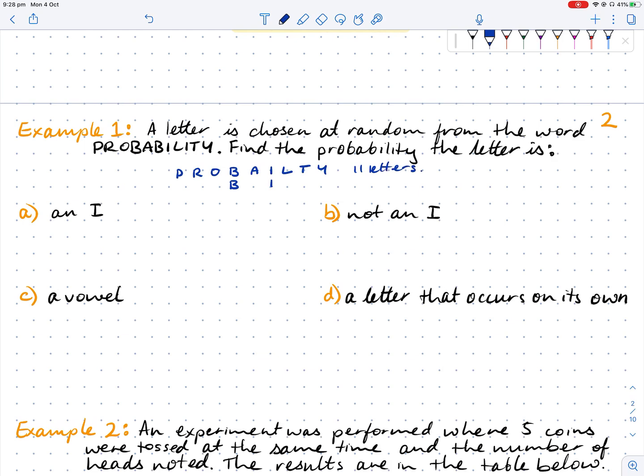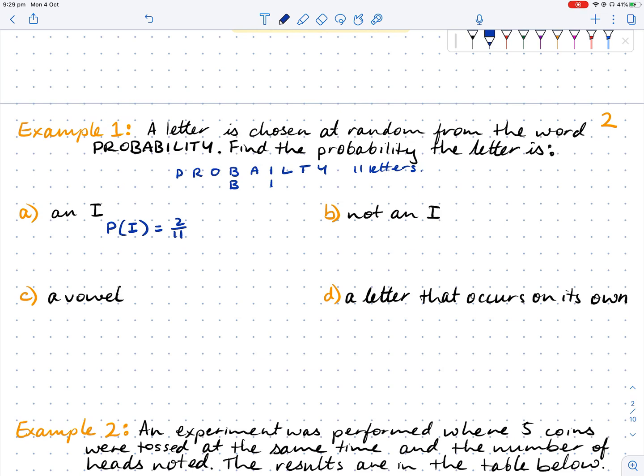I hope I'm right. Yes. So we've got 11 letters altogether. What is the probability that we're going to pick an I? So let's use our probability notation. So the probability of getting an I. Now you can see we've got 2 I's out of 11 in total. So it's 2 over 11. That's it.